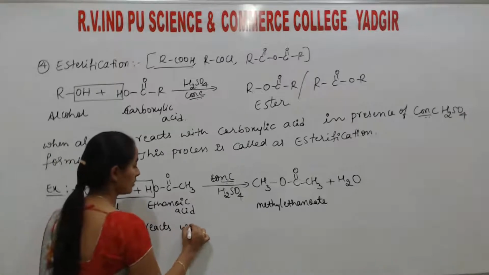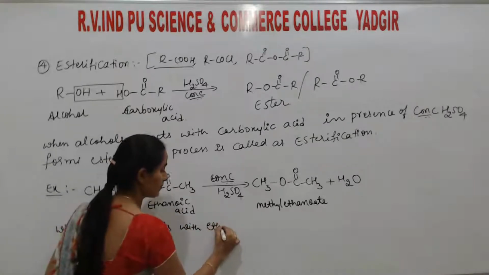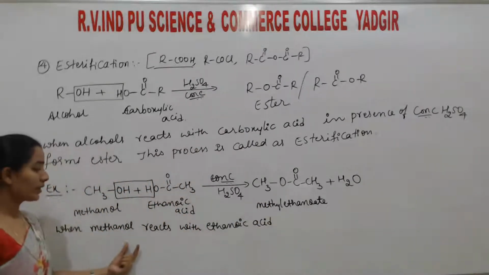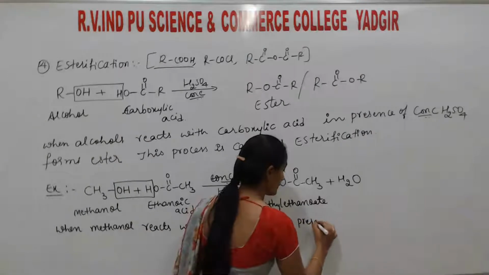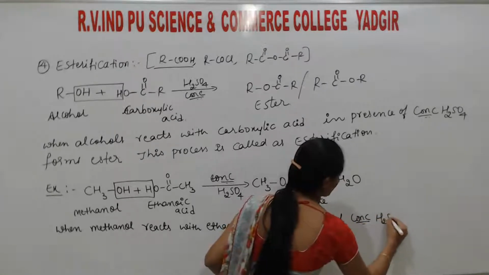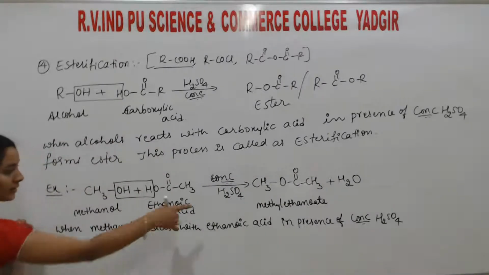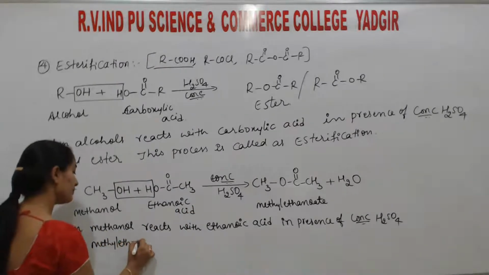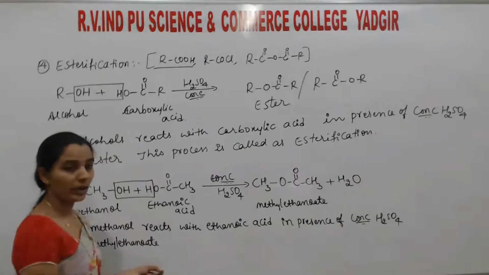When methanol reacts with carboxylic acid, which here is ethanoic acid, in presence of concentrated H2SO4, it forms the ester methyl ethanoate.